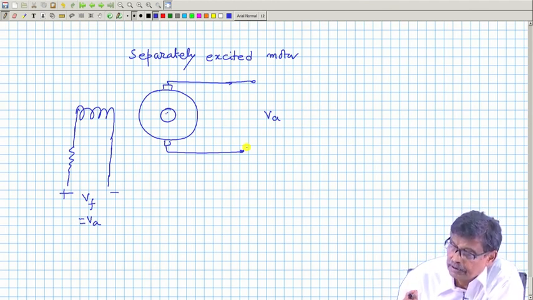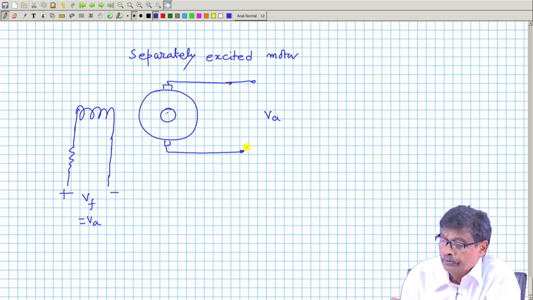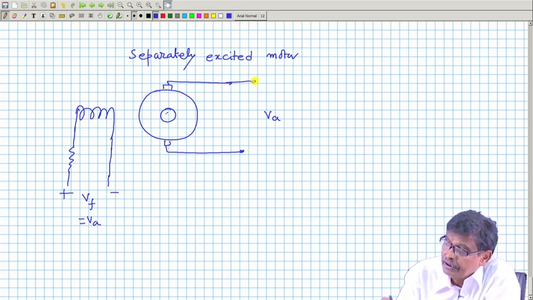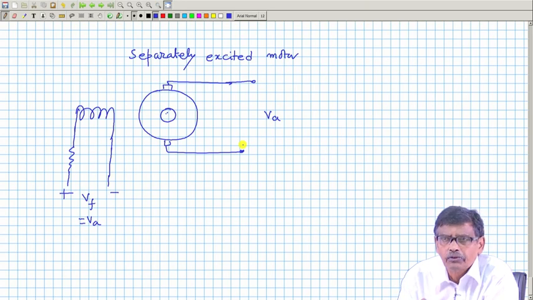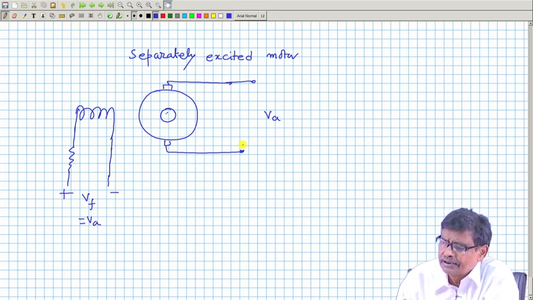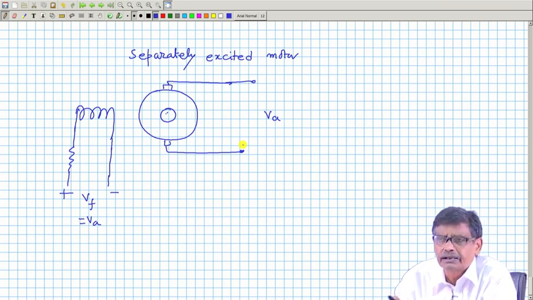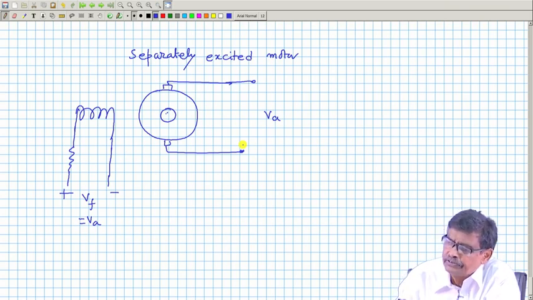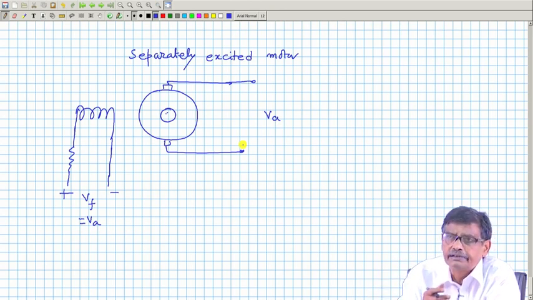That will come later. Now, as I told, when you switch on the supply, there is no back EMF. So, some starting arrangement is to be made, we will discuss later. External resistance you connect to limit the current to its rated value. As the machine picks up speed, cut that resistance out.